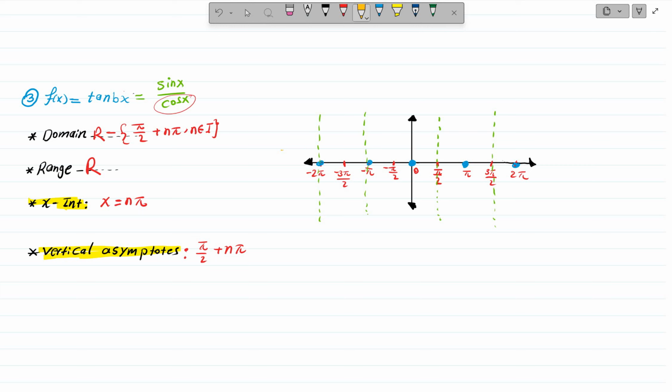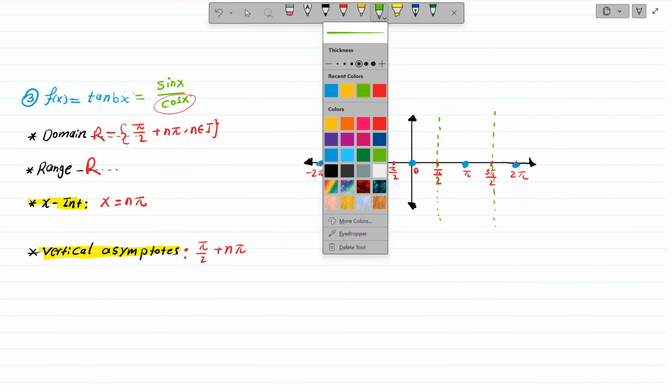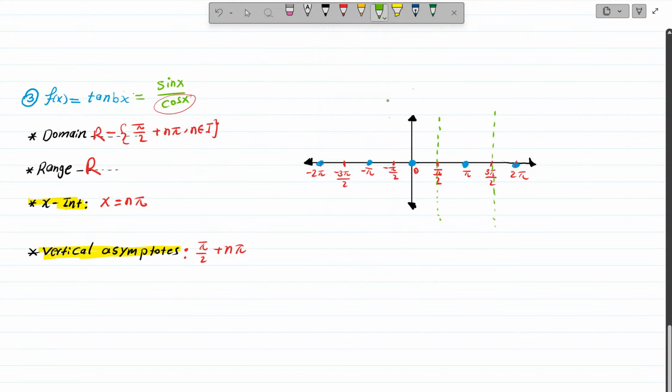The graph is going to start here close to the vertical asymptote, passing through 0. But oops, we made a mistake. The vertical asymptote should be on negative pi over 2 and negative 3 pi over 2.